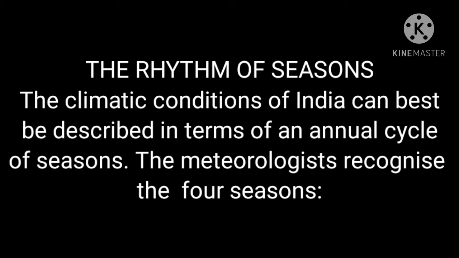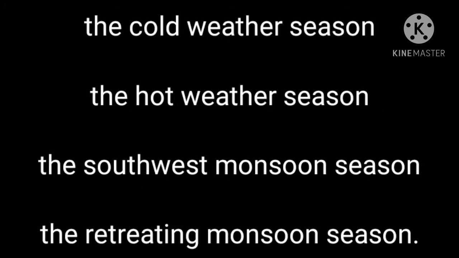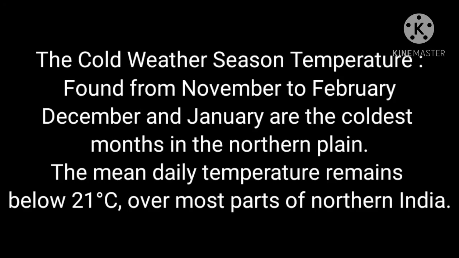If we talk about the cold weather season, it starts in mid-November in northern India and lasts up to February. The mean temperature is 21 degrees centigrade. December and January are the coldest months in the interior parts of the country. Students, about the cold weather season, we have already studied in our last video, in which we studied the characteristics and the mechanism of the monsoon in the winter season.